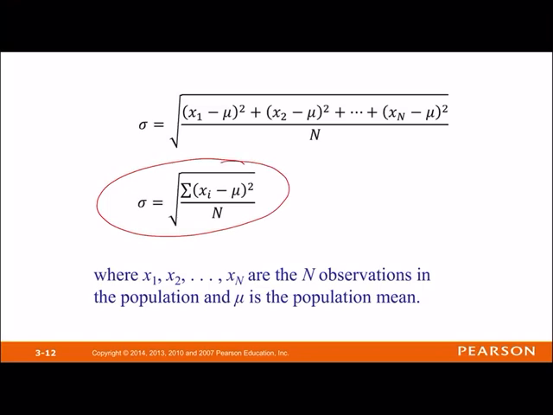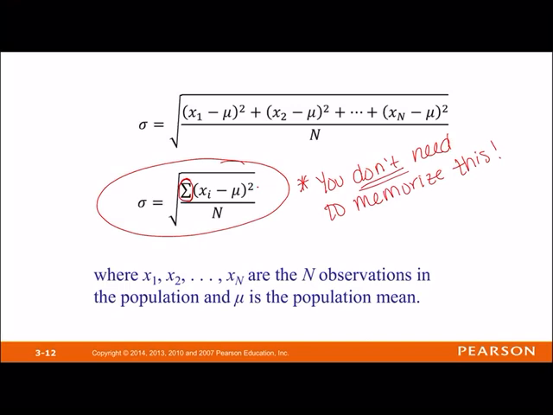It's the sum, this symbol right here is the sum, of your x's minus the mean, squared, divided by the population. You do not need to memorize this formula. However, you do need to be able to use it. You can't just stick it into the calculator. You're going to have to do what we're doing on the next 2 slides.